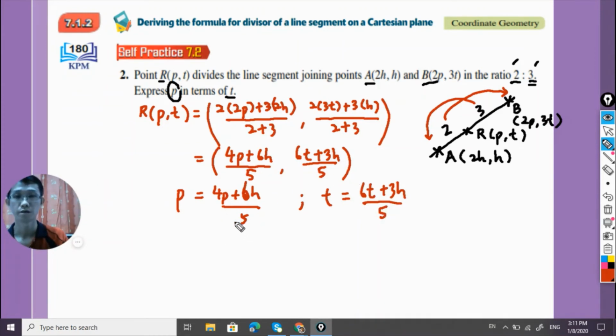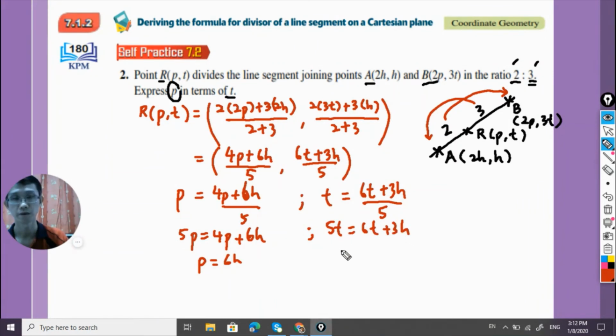Try and simplify these two equations. You get 5p equal to 4p plus 6h, and then 5p minus 4p is p equal to 6h. And here you will get 5t equal to 6t plus 3h.